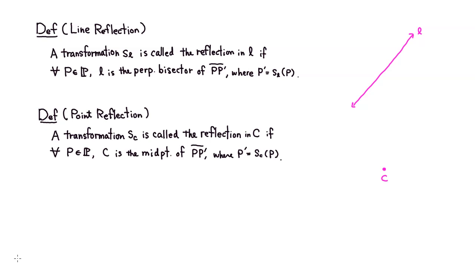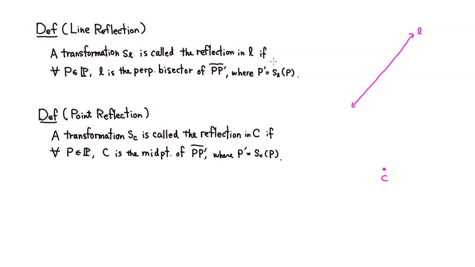A transformation S of L is called the reflection in the line L if for all points P in the plane, L is the perpendicular bisector of the segment PP prime, where P prime is just the image of P under S of L.